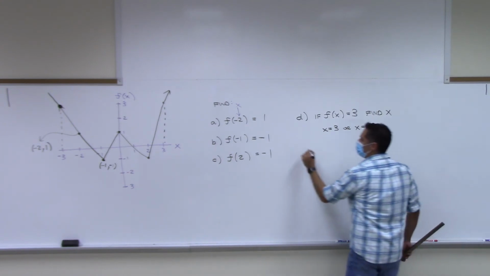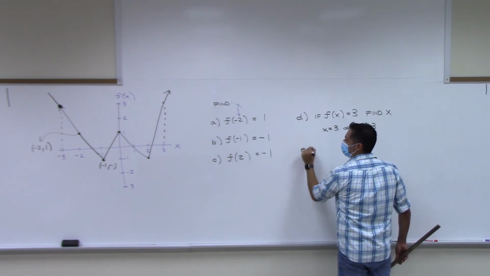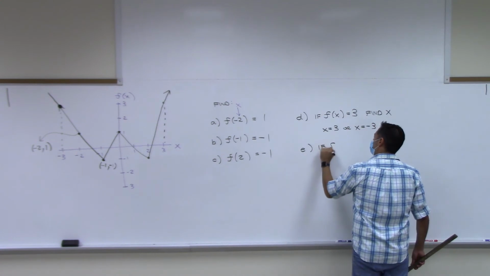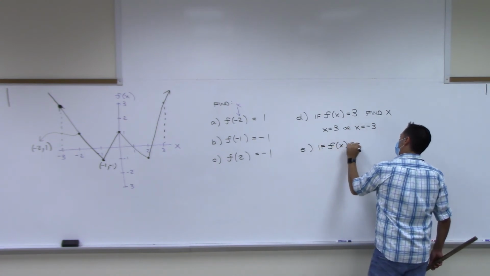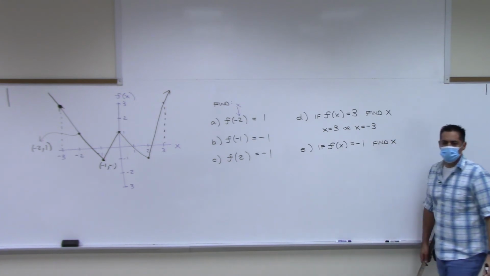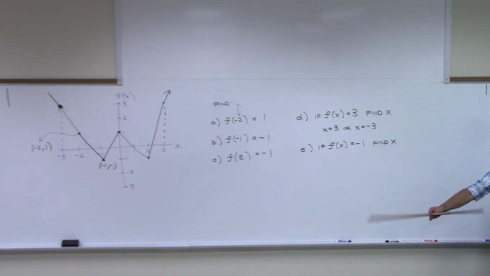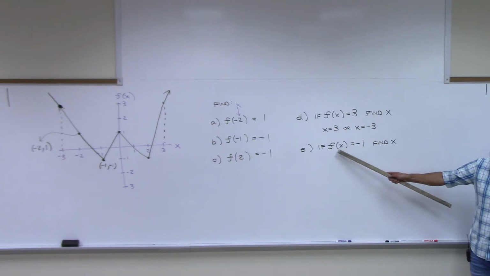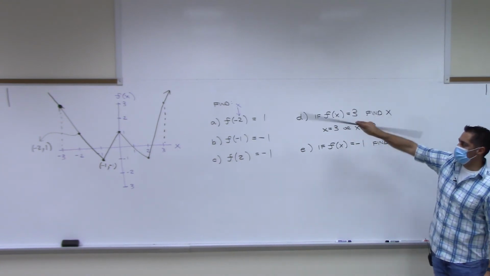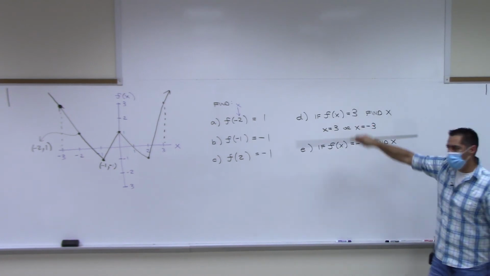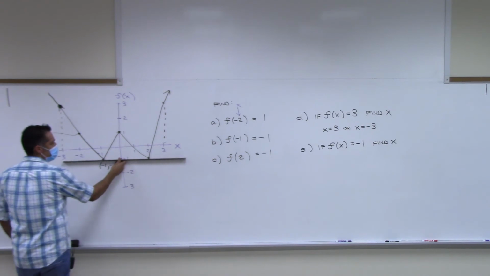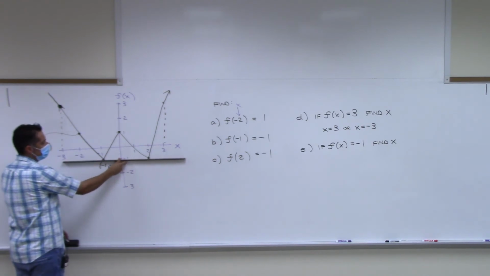Let me give you another one. E. How about if f of x equals negative 1, find x. So now I'm telling you the output is negative 1, right? So you're going to look like this, not like this. You're going to look like this and go to negative 1. Can you tell?